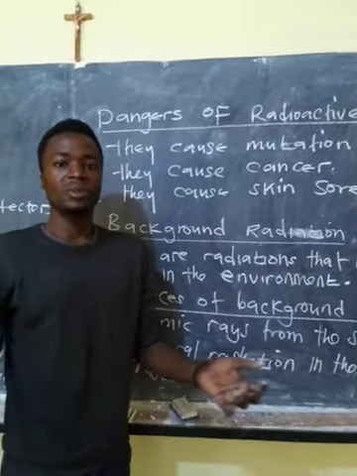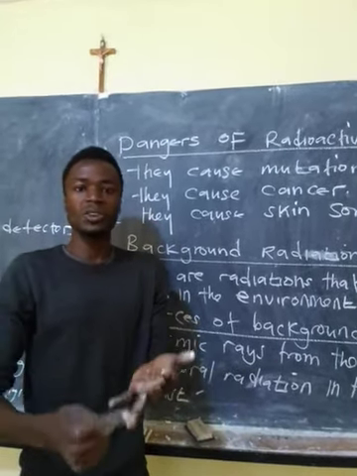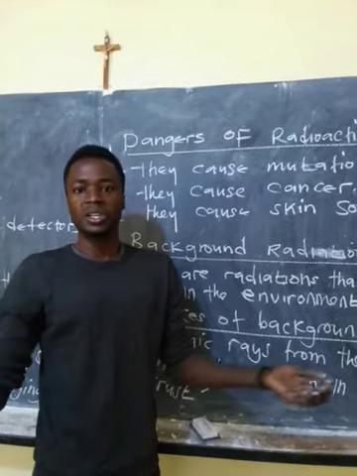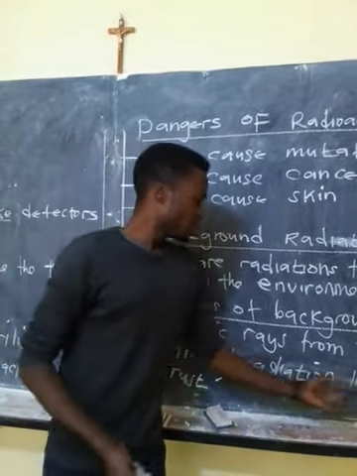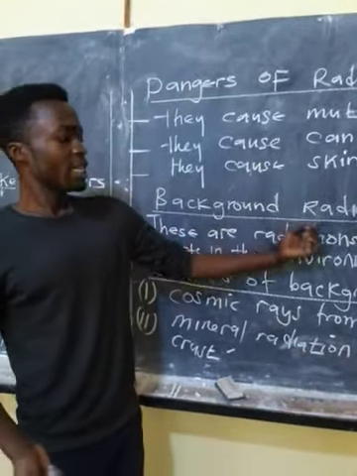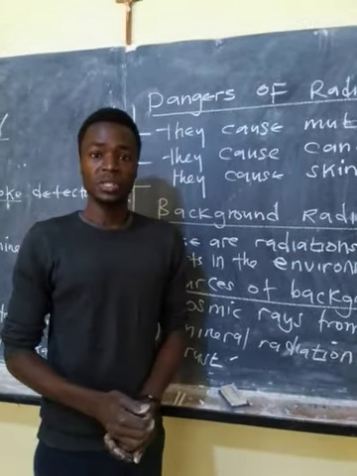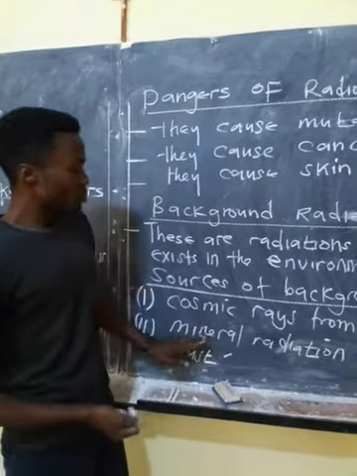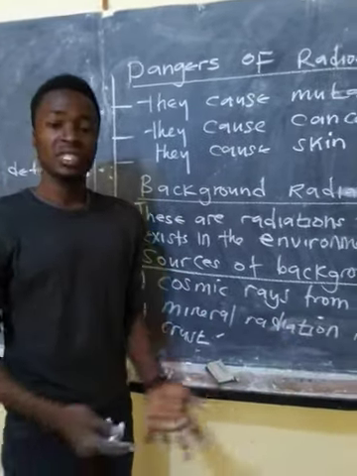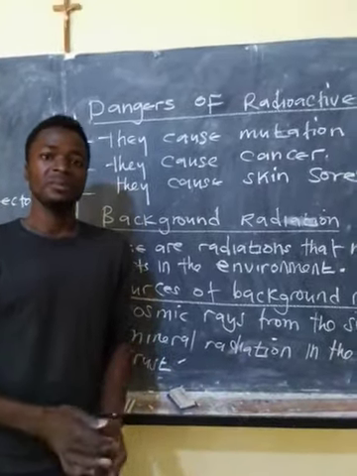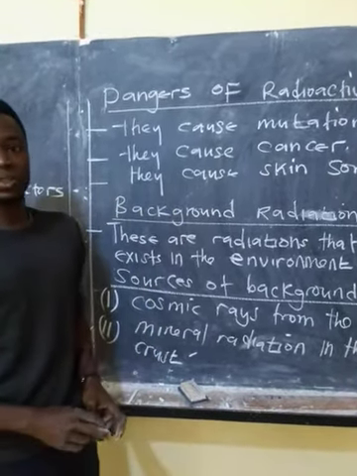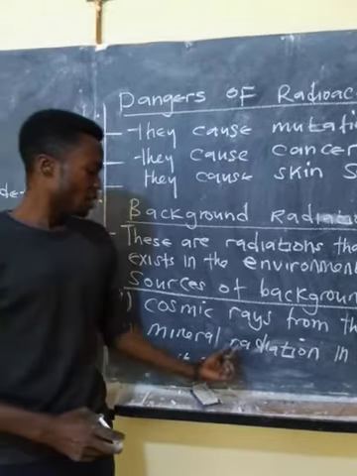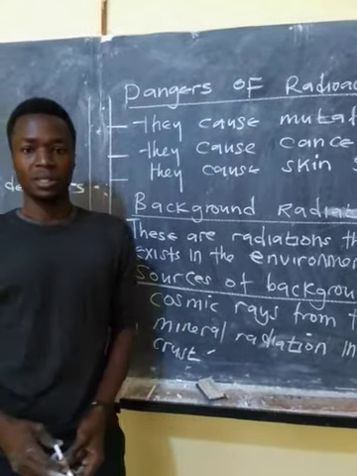So we're simply talking about uranium, we have radon, polonium, we also have mercury, we also have lead. Those are minerals that can cause some dangers when you're exposed to those radiations. So mineral radiations, I've given you examples. You have uranium, polonium, radon, then also lead and mercury. Those are some of the examples of minerals that we can talk about.